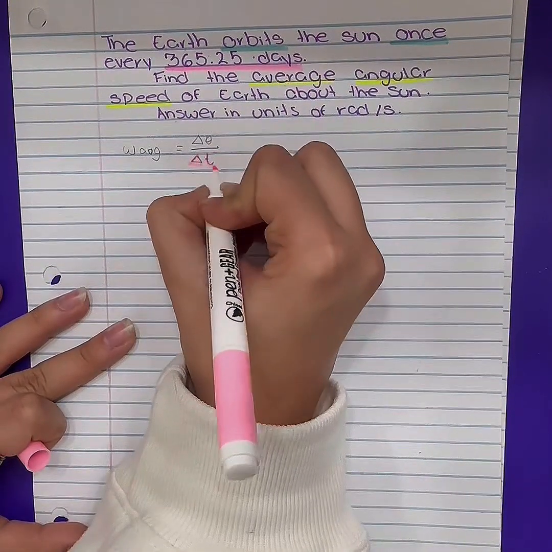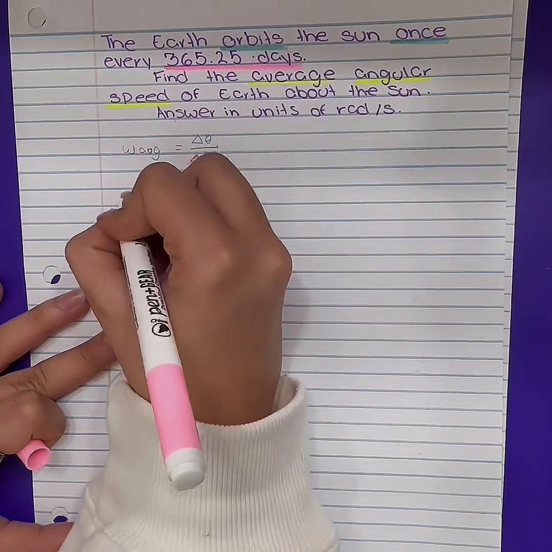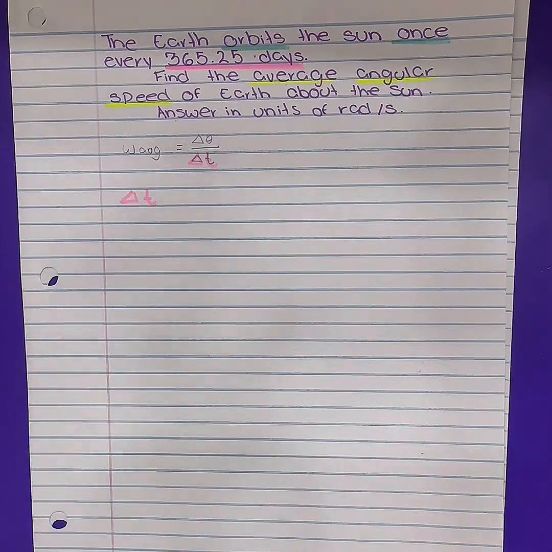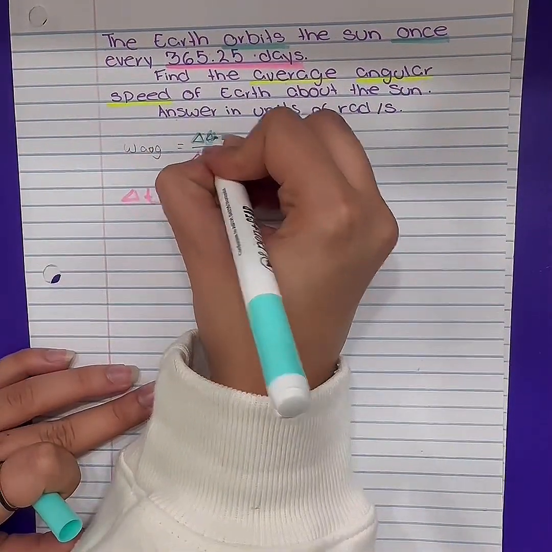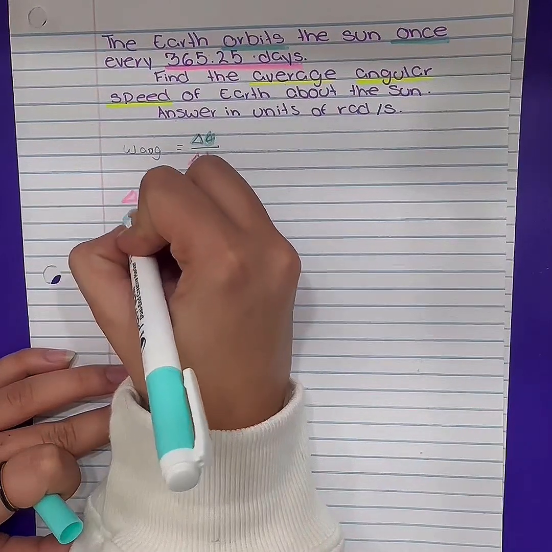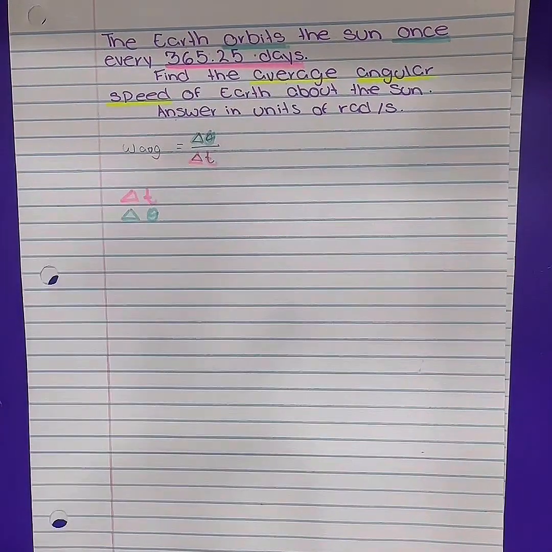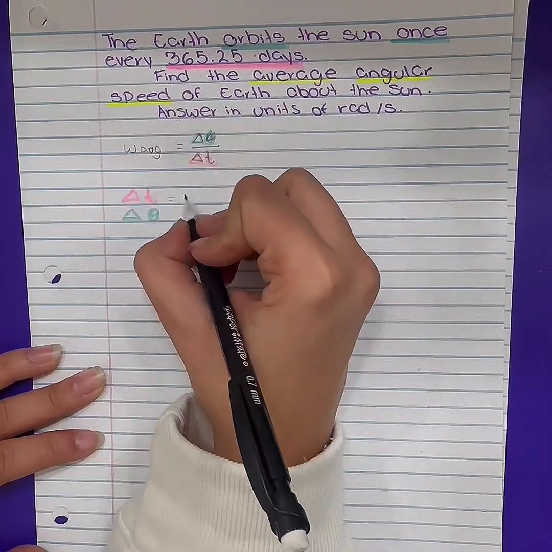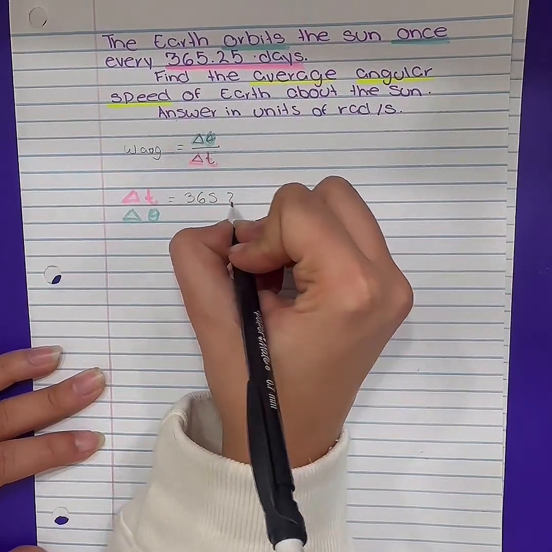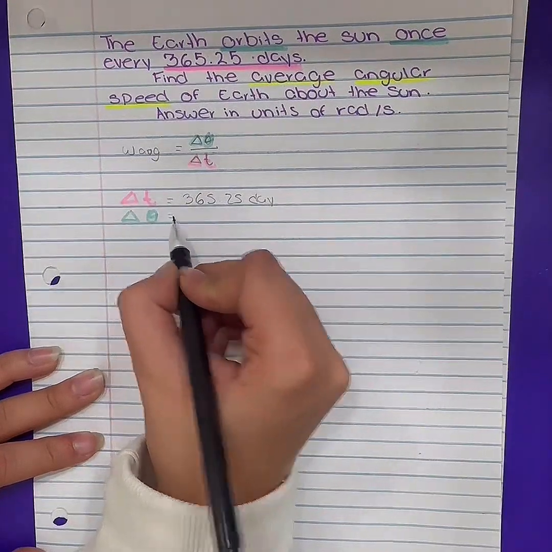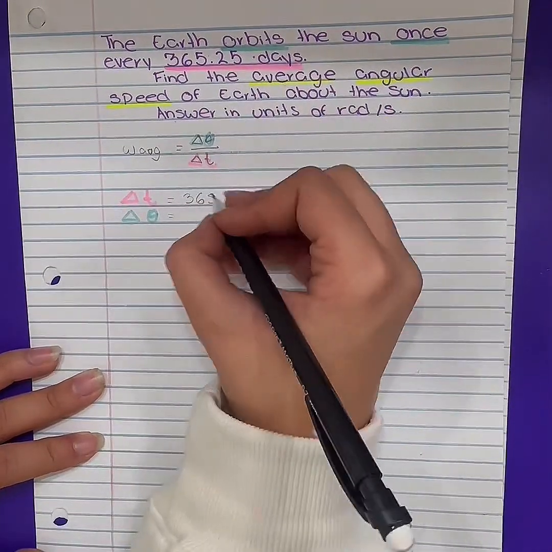Delta time is 365.25 days, and delta theta is the revolutions around the sun.